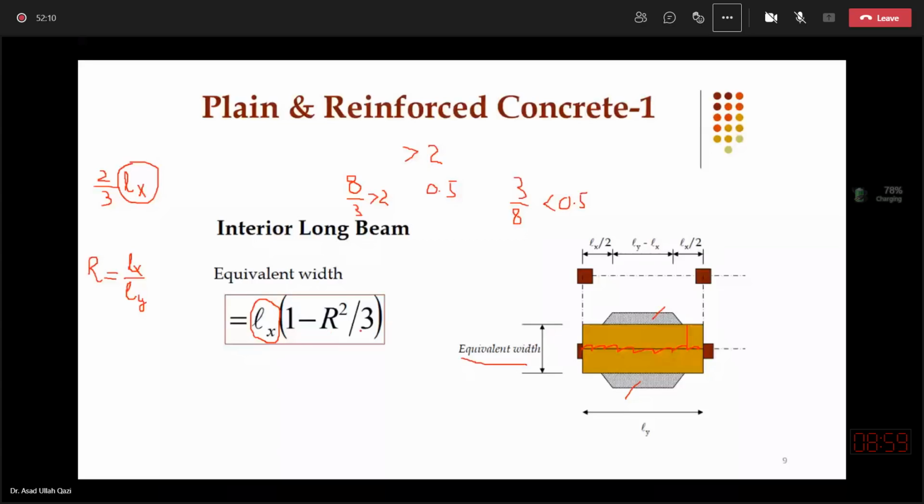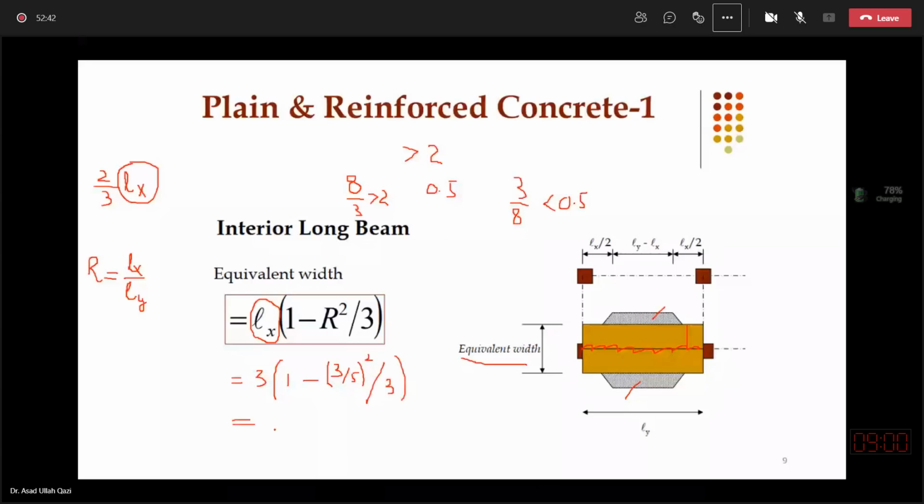For our example problem, as I selected Lx 3 meters, 1 minus R, I selected 3 over 5 as the Lx and Ly. I will take the square of it, then divide it by 3. And what will be the equivalent width for our assumed panel?